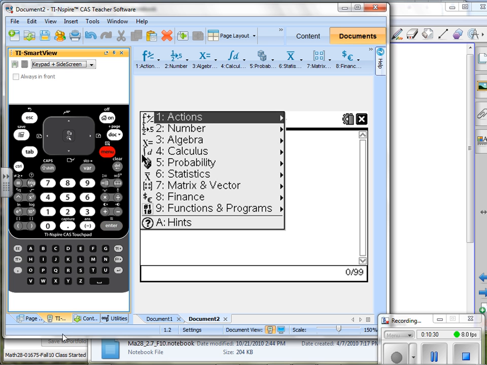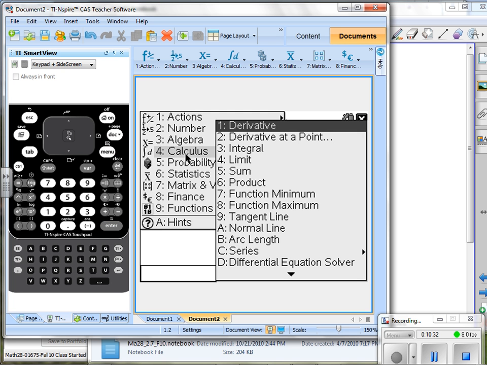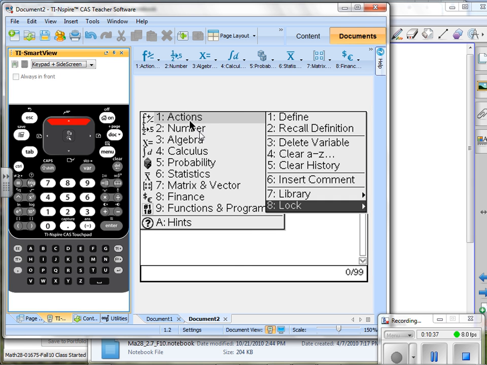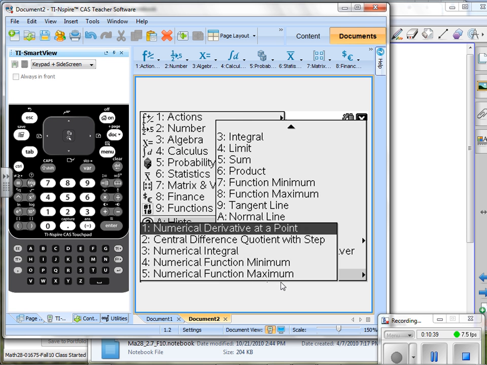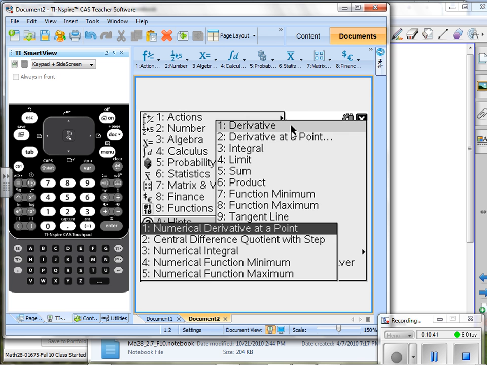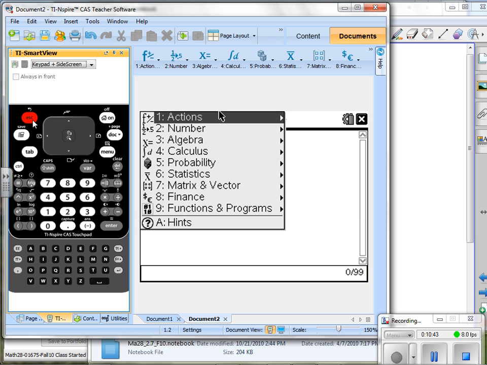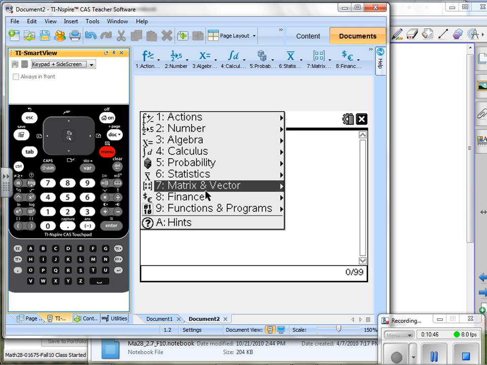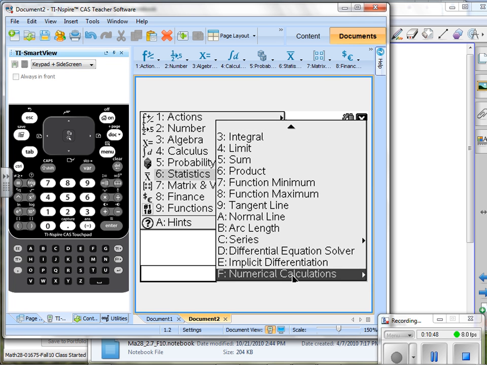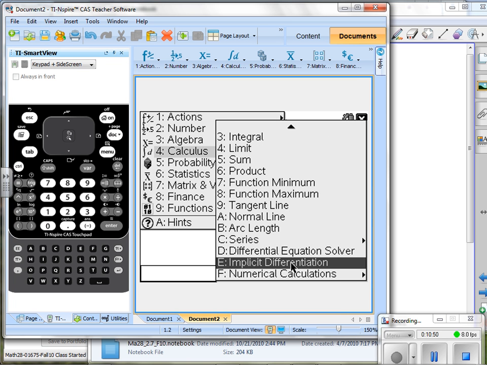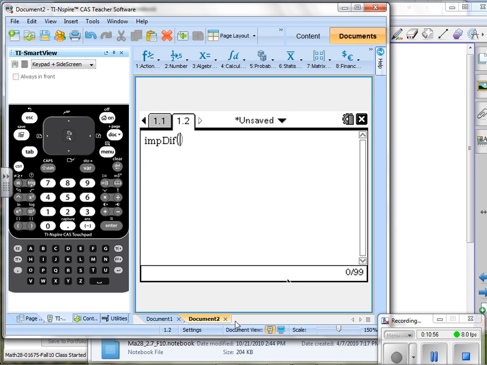Go to Menu, go down to Calculus, and then you can use the up arrow key to get to the bottom of that list. You see that letter E, implicit differentiation? We can do that here. It doesn't have a template now, so it's rather crude looking, but we can put this in.